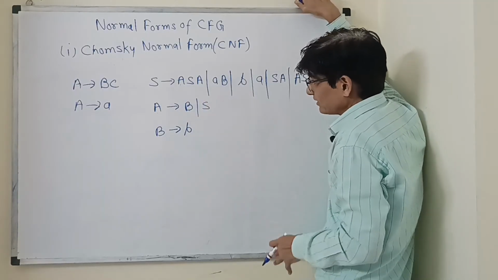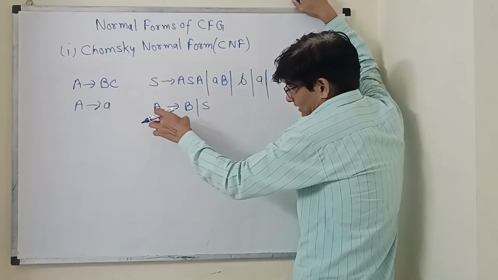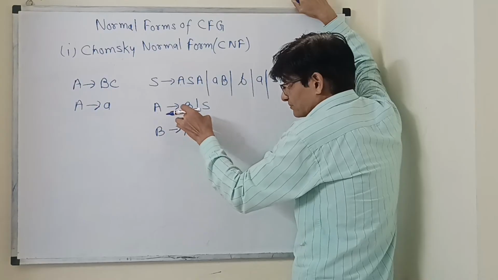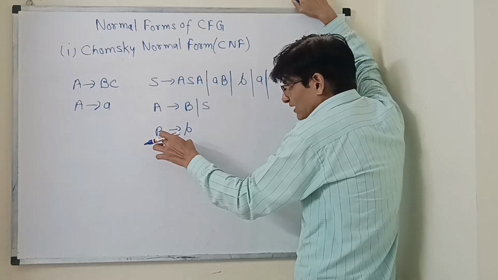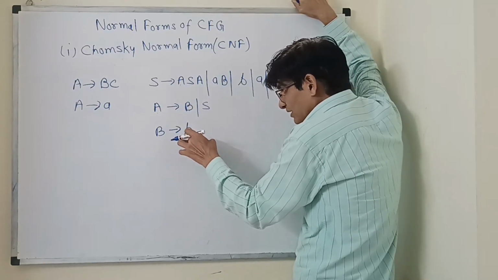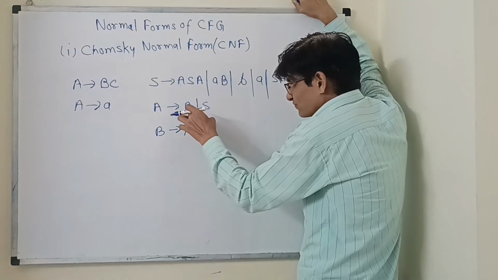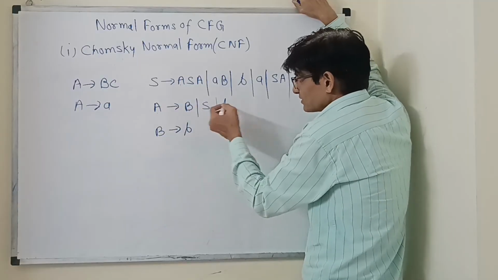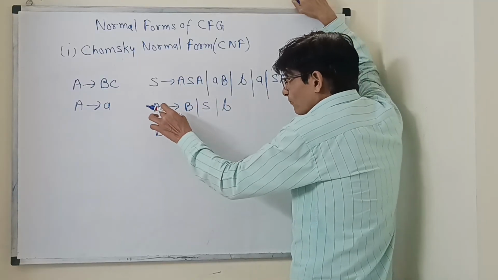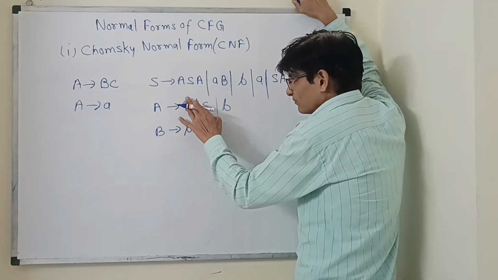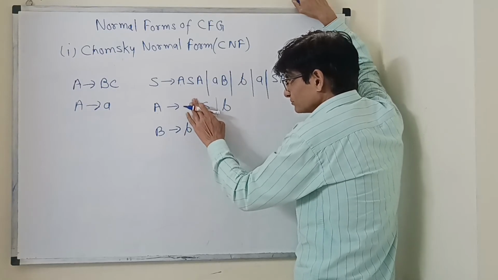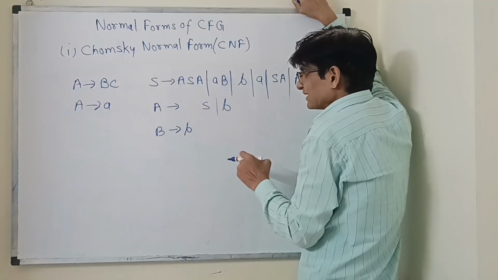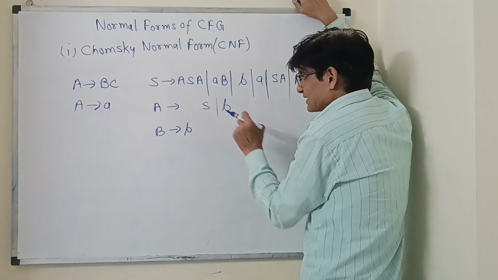You can see this particular variable A is generating B. A gives B. If I replace this B with its productions, this will give us new productions, so I can remove this. Now one more unit production is there: A gives S.